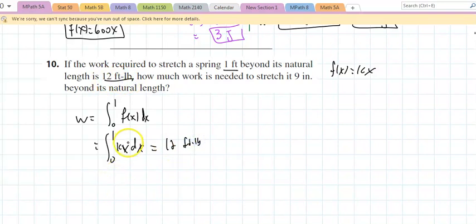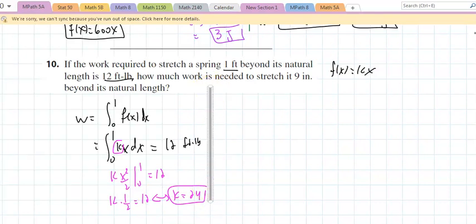What's my first order of business? I need to find k. So doesn't this say kx squared over 2 evaluated from 0 to 1 equals 12? Or I could say k times 1/2 equals 12. That means k is 24. So I know for this specific spring, f of x is actually 24x. Got it. I need to get k every time.